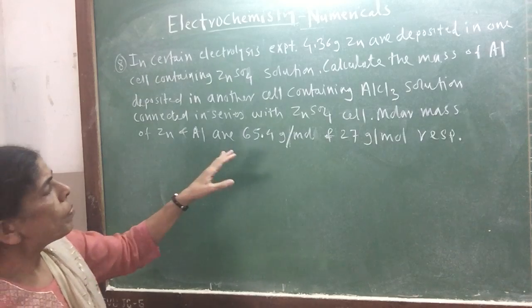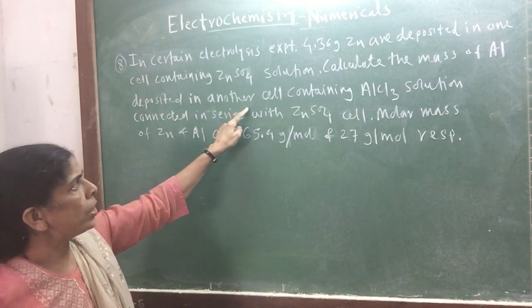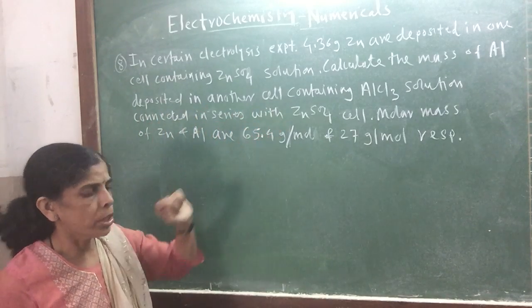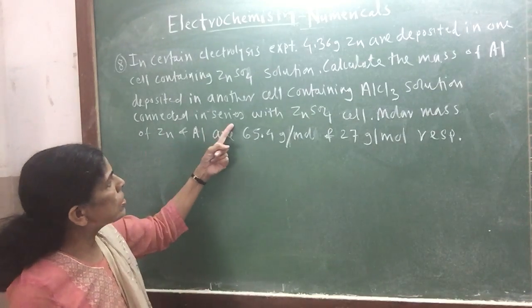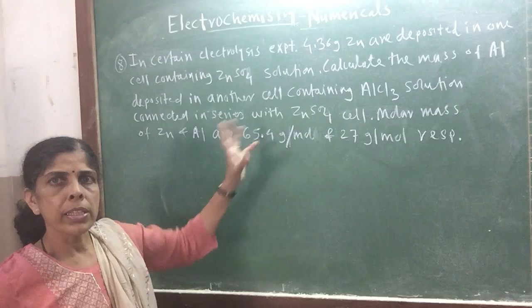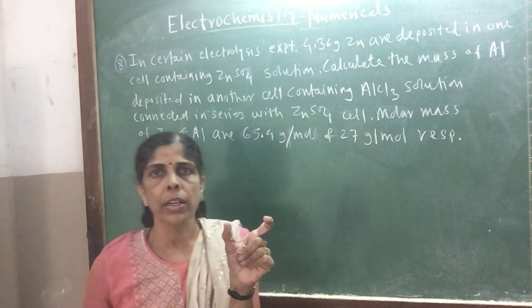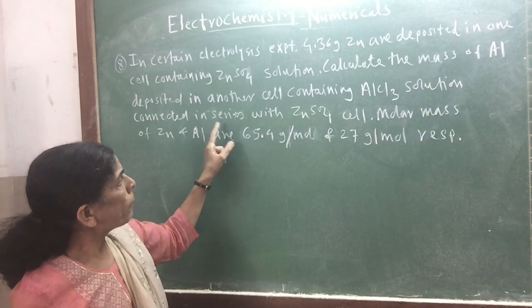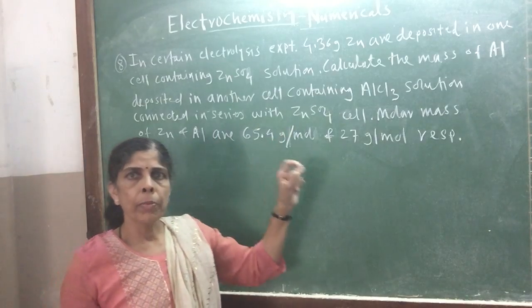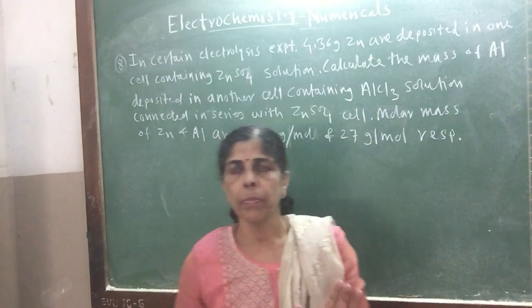Okay, calculate the mass of aluminium deposited in another cell containing aluminium chloride solution. We have one more cell which is connected in series with the zinc sulfate cell. Zinc sulfate and aluminium chloride cells are connected in series. Naturally in the zinc sulfate cell there will be deposition of zinc, and in the aluminium chloride cell there will be deposition of aluminium.